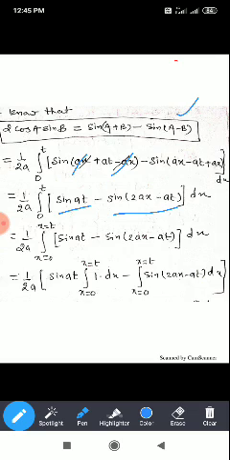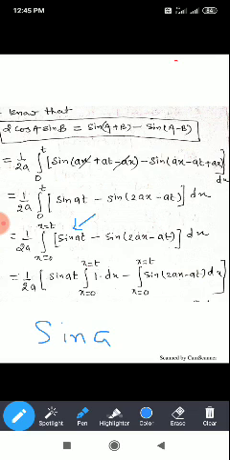Now remember that here we are integrating with respect to x, and this term sin at is treated as a constant. So the integration from x equals 0 to x equals t of sin at means sin at times the integration of 1 dx.